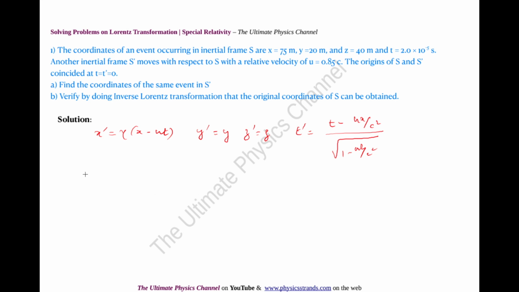Now, we have to first calculate gamma in these problems. That's the first step. So gamma is 1 over square root of (1 minus u squared over c squared), which is equal to 1 over square root of 1 minus, here it is given as 0.85 c, right? So I put 0.85 squared here, c squared, and in the denominator there is going to be a c squared, and they will cancel. So if you do the calculations, gamma is 1.898.